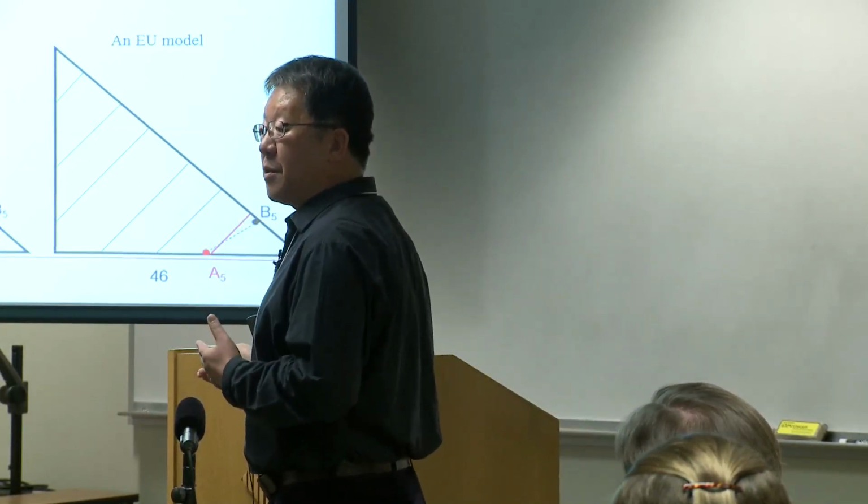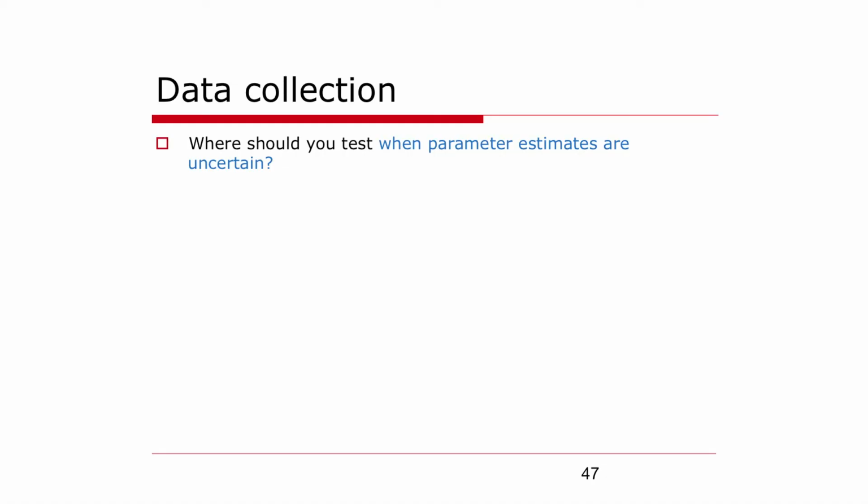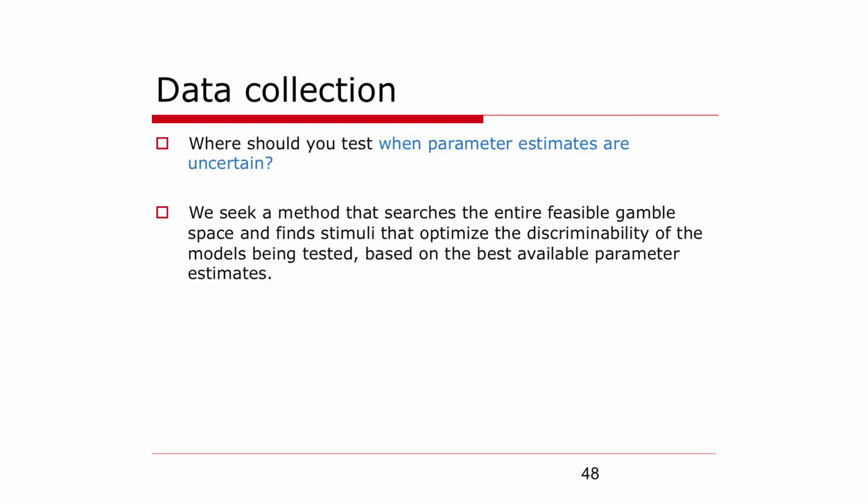We don't know what the actual parameter is, what the actual slope is. Even for the fan-out pattern, we don't know what kind of fan-out pattern there is. So the parameter values are uncertain. We're looking for an experimental methodology to discriminate between EU and WEU where the slope and parameter values are uncertain. You cannot always say, give me one corner as the sweet spot, because depending upon the particular indifference curve and slope, the sweet spot could be in different regions.